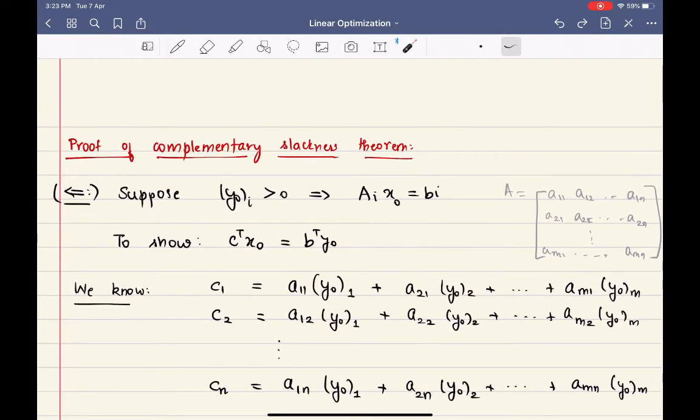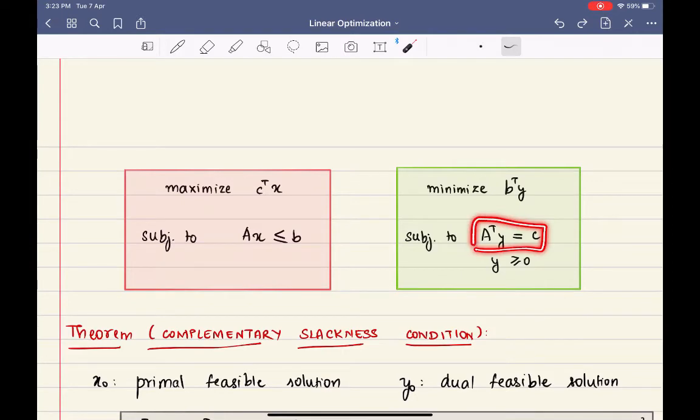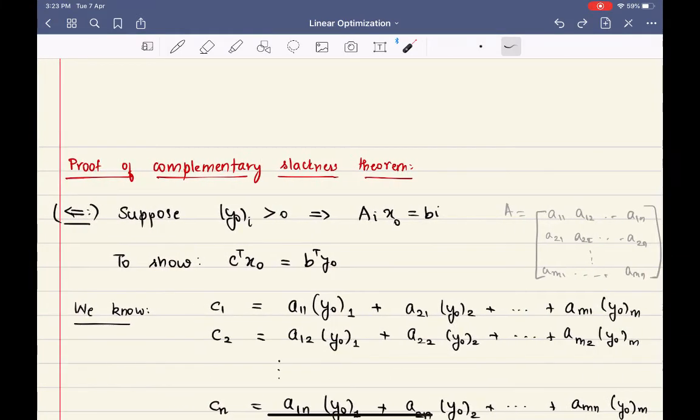So first, let's rewrite C in terms of A and y using this constraint. So A is of this form. Now how do you get C1? You multiply this with the first coordinate of y0, this with the second coordinate of y0, and this with the mth coordinate of y0.